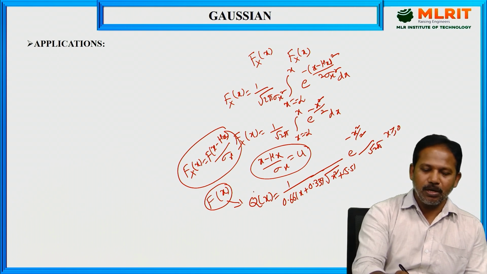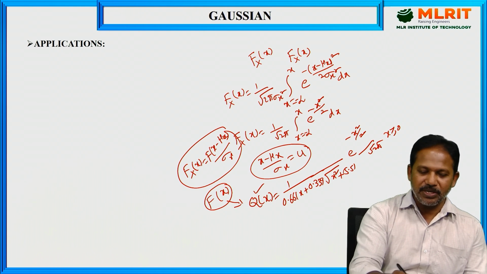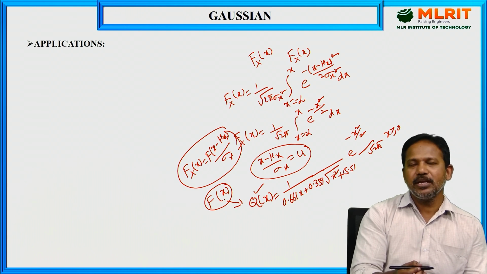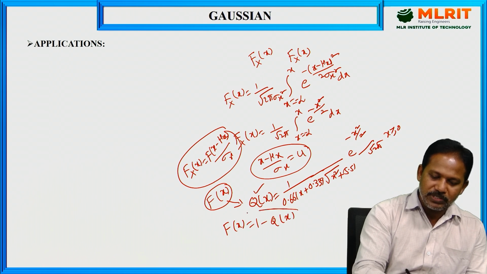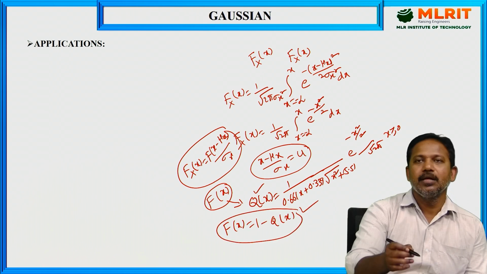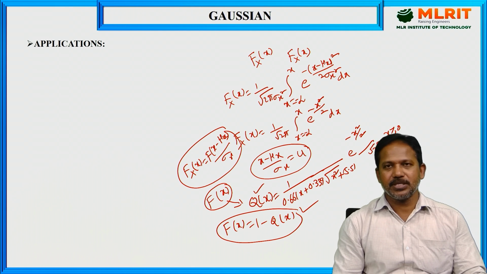So now I know Q of x by using this function. How to find F of x? F of x means 1 minus Q of x. By using this I can find the normalized distribution function.